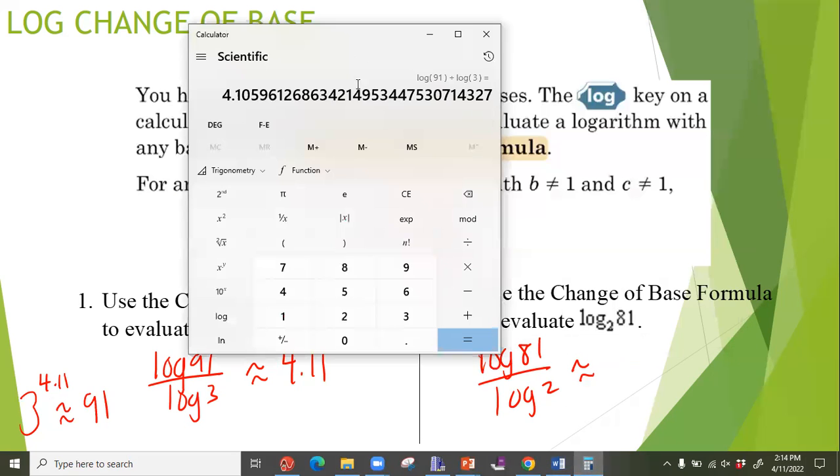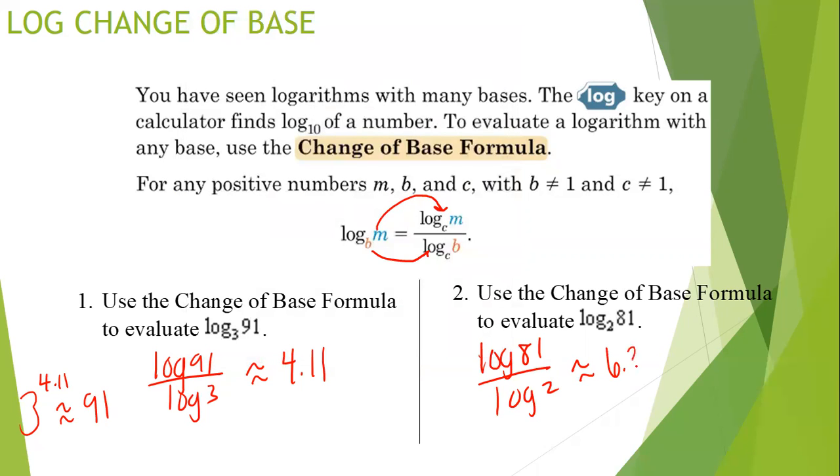And this time I'm putting in 81, take the log, divided by 2, take the log, hit enter, and it says 6.34. So approximately 6.34. So this is telling me that approximately 2 to the 6.34 power is roughly 81.